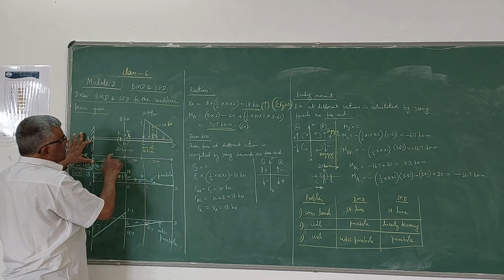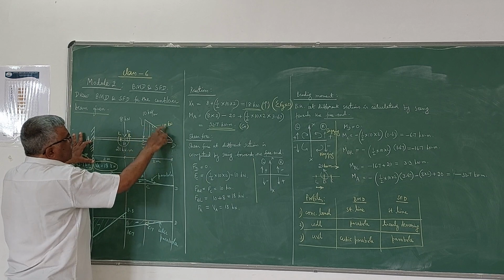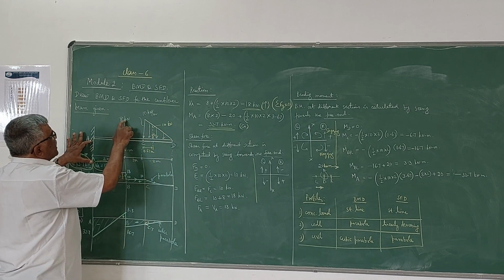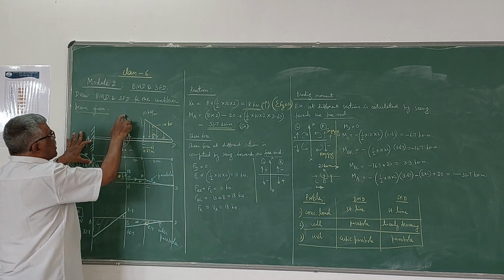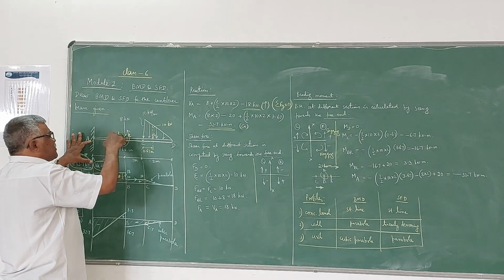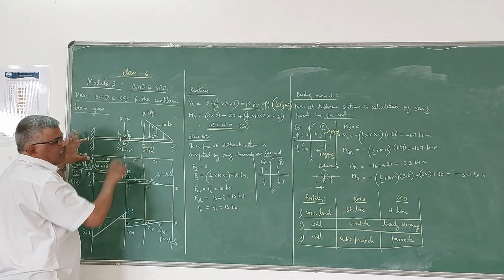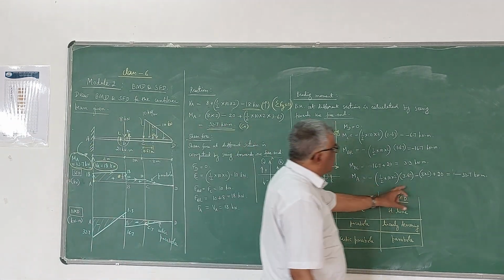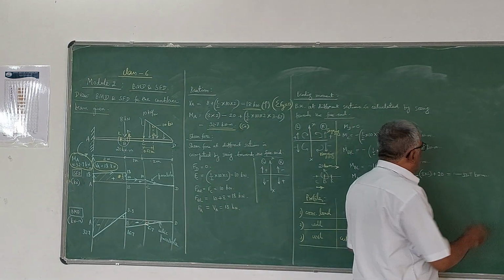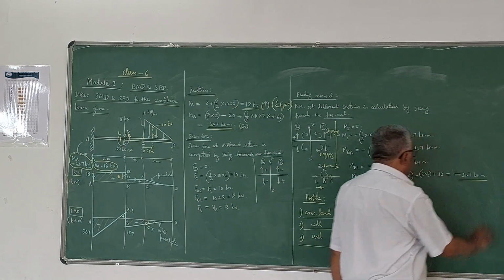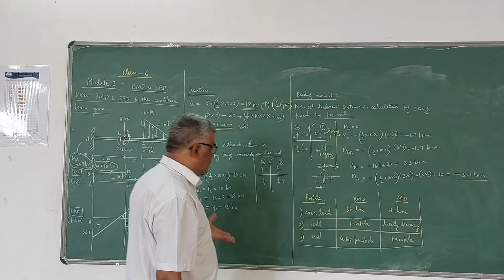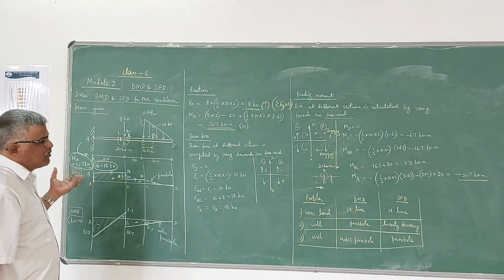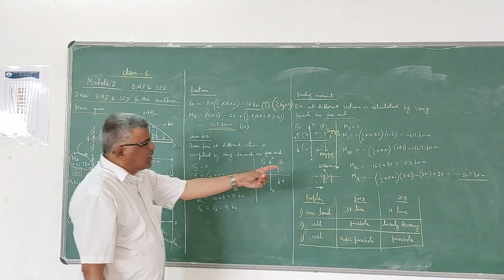So minus 10 into 3.67 is the bending moment due to this. Then minus 8 into 2 is the bending moment due to this. And this is plus 20, we just have to add plus 20. So the value becomes minus 32.7 kilonewton-meter. That is the actual maximum value. At the fixed end, you have the maximum value of bending moment, which is hogging in nature.